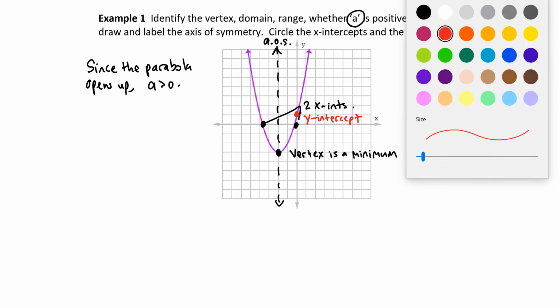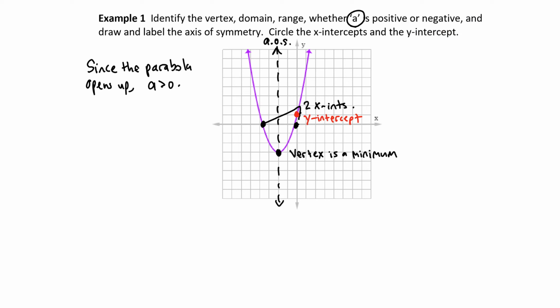Now, observing this parabola as a whole, if we wanted to recognize the domain, the domain of every quadratic function is always negative infinity to infinity. The range, however, will be limited by the location of that vertex. So for the range, we're going to identify the lowest point, that is our minimum vertex, and observe its elevation or y value.